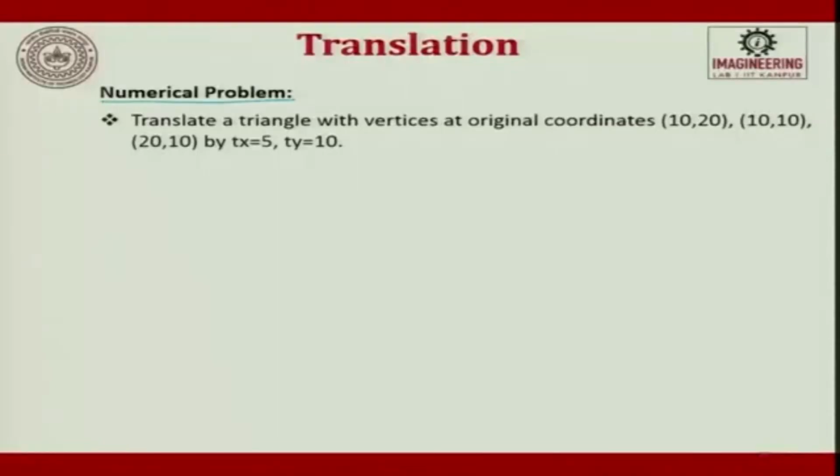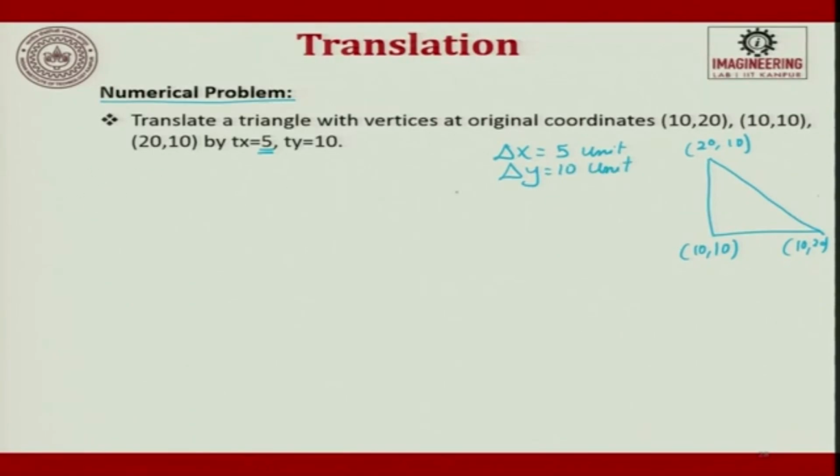Let us see a simple numerical problem to understand our transformation matrix and how the operation happens. The problem given is: translate a triangle with vertices at original coordinates 10 comma 10, 10 comma 20 and 20 comma 10. It has to be moved by delta x of 5 units and delta y of 10 units.